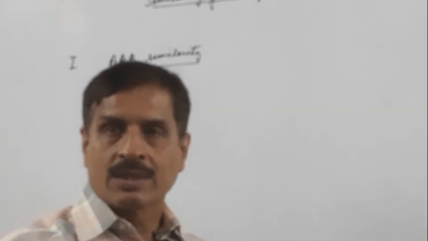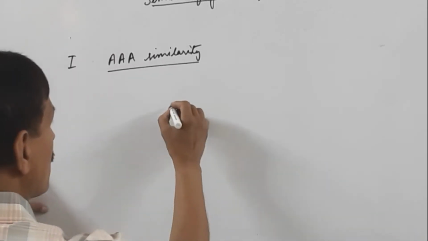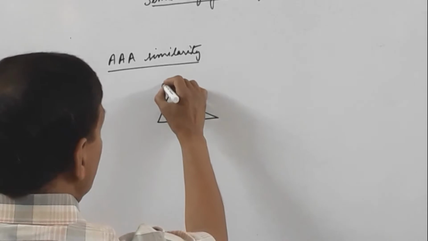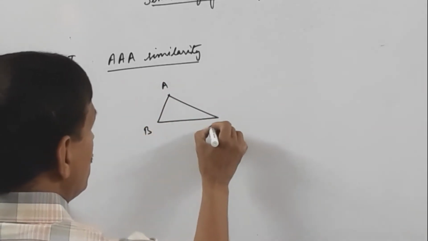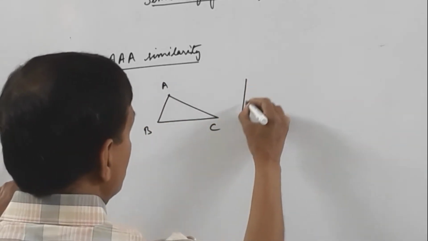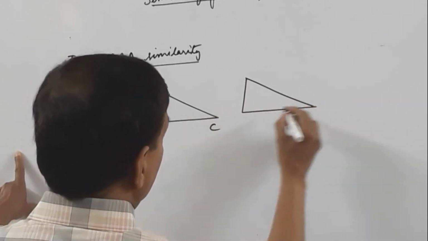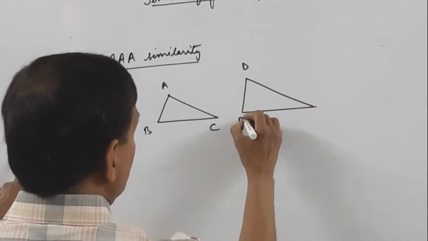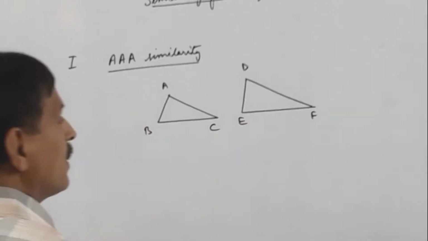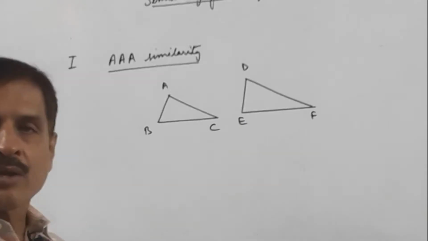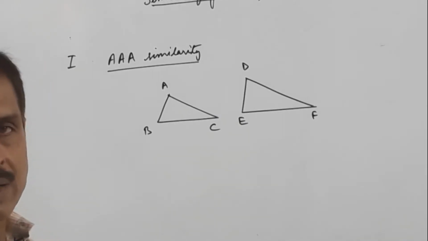If in two triangles, say triangle ABC and triangle DEF, the two triangles are similar if their corresponding angles are equal.